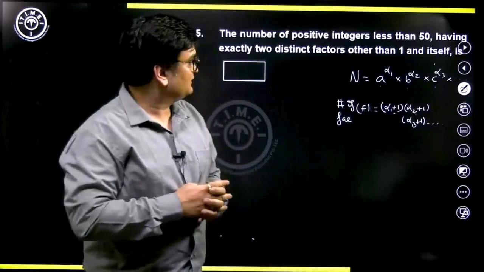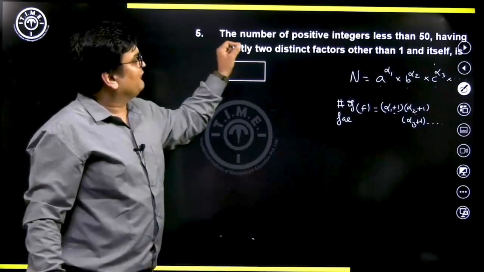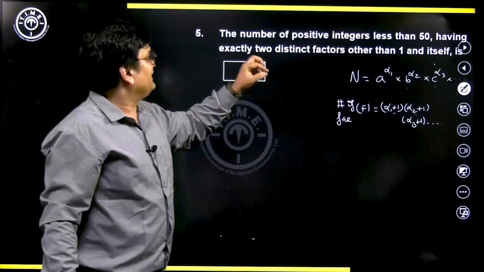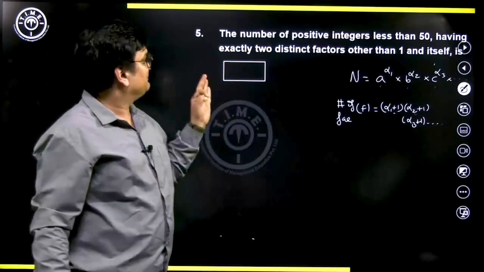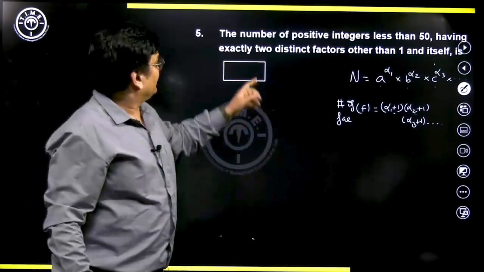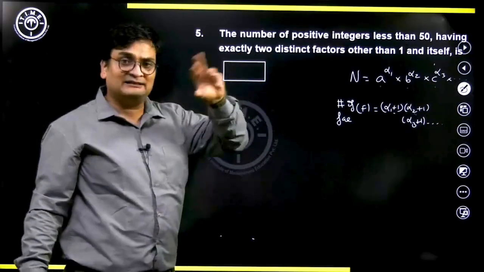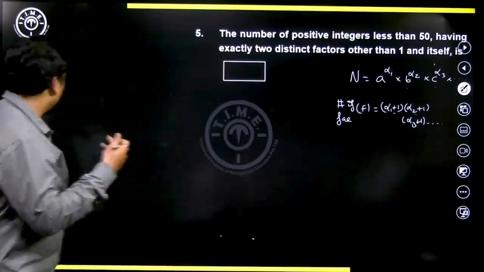Now here he says, number of positive integers less than 50 having exactly 2 distinct factors other than 1 and itself. So please understand, what does that effectively mean?